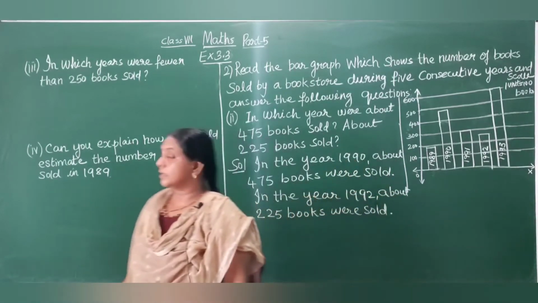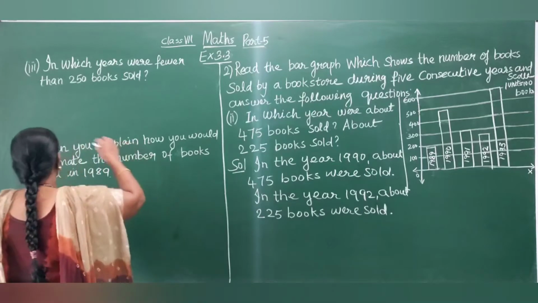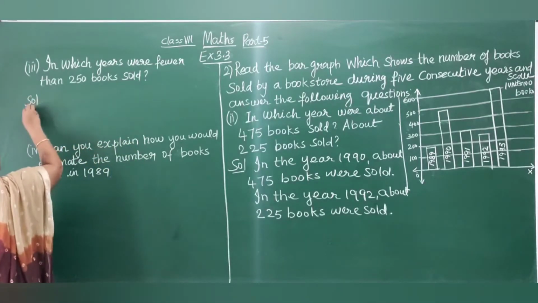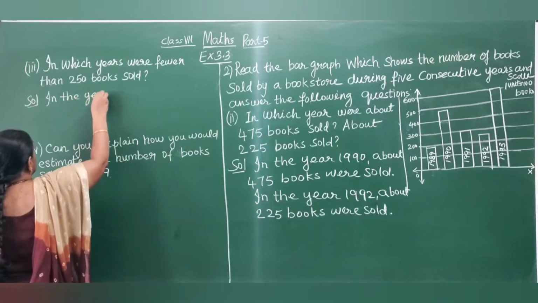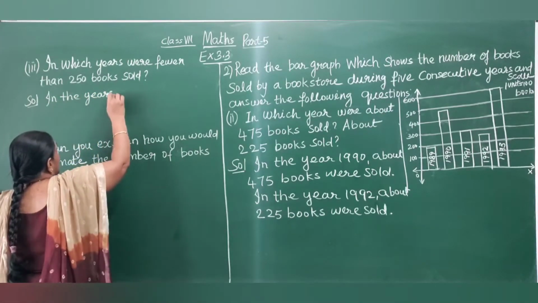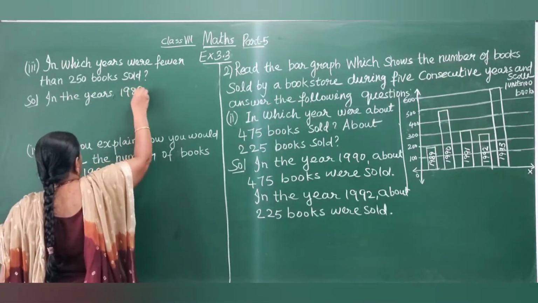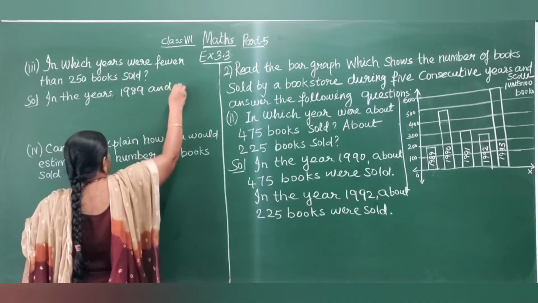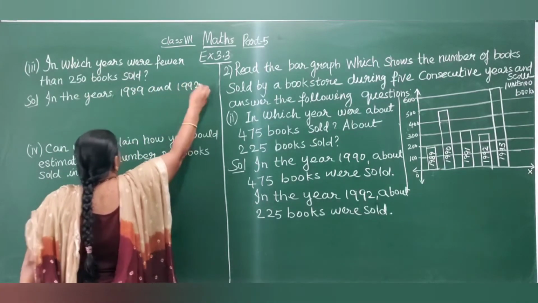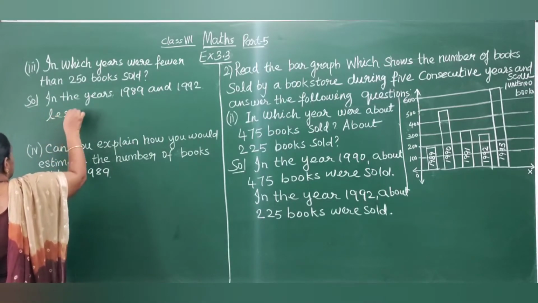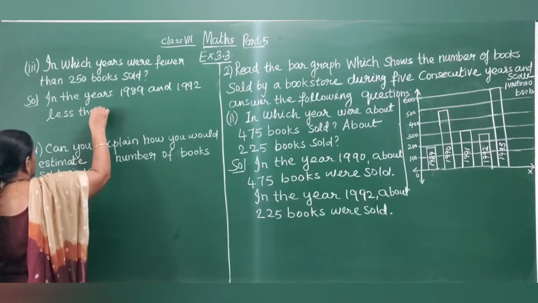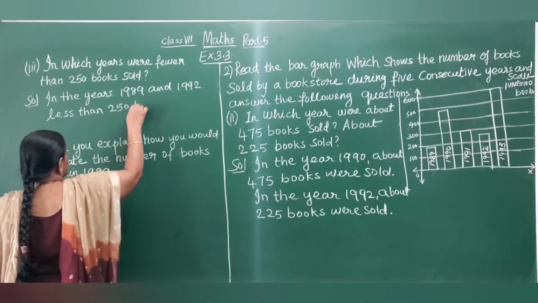So the solution is, in the years 1989 and 1992, fewer than 250 books were sold.